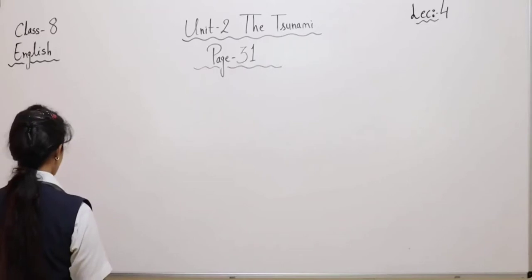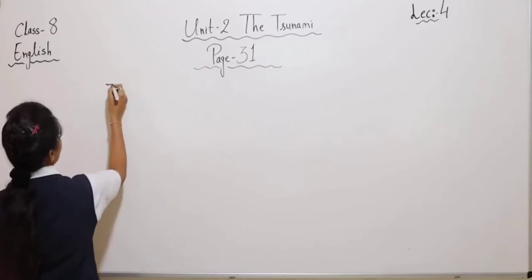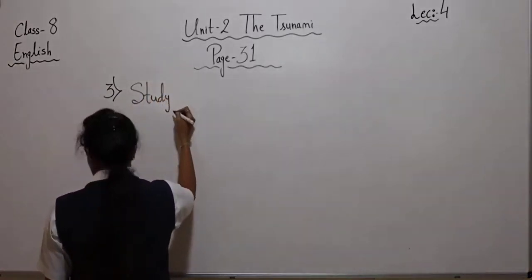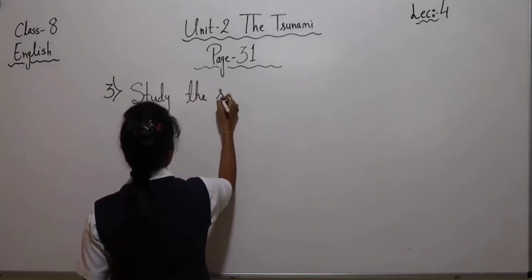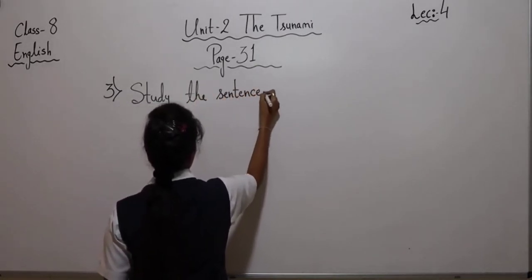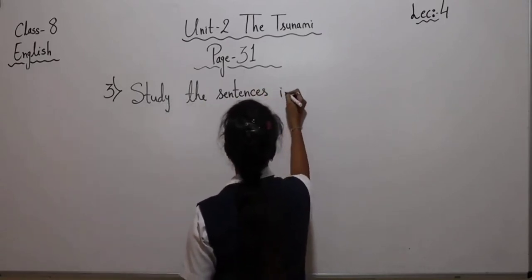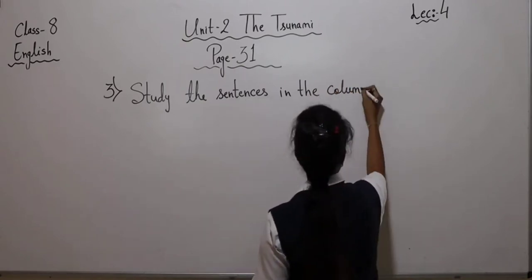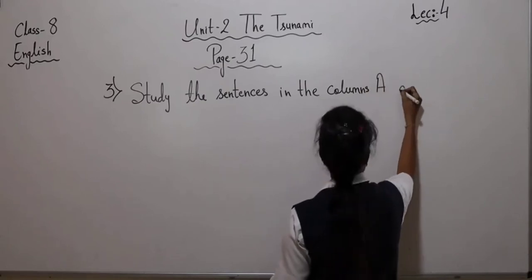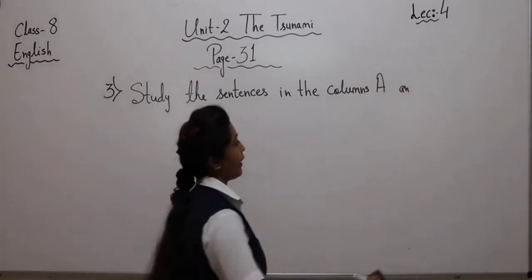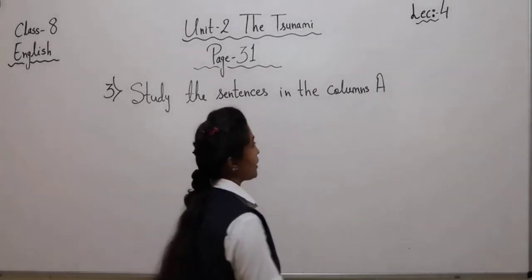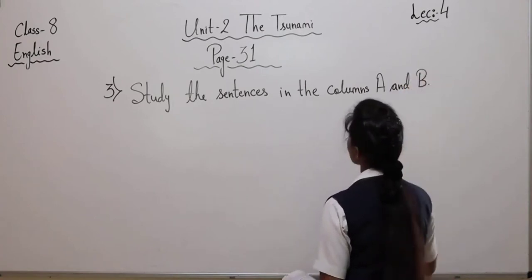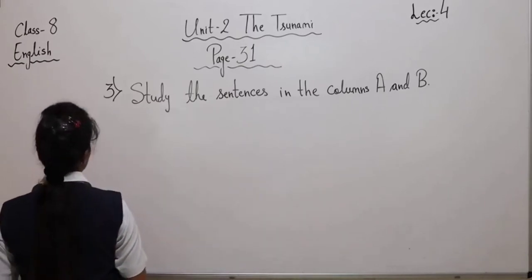On page 31 in our textbook, question 3: Study the sentences in columns A and B. Two columns are given, so we write this down.